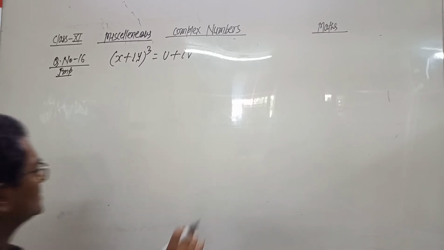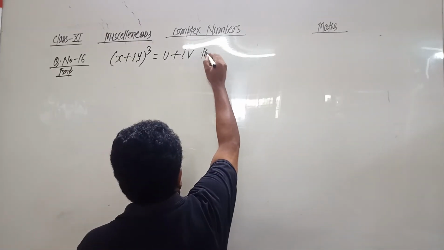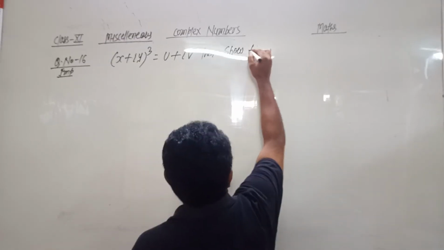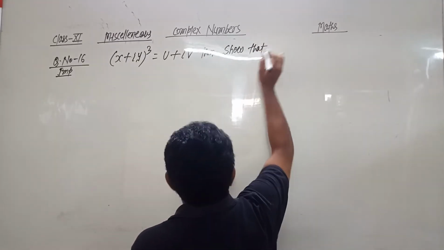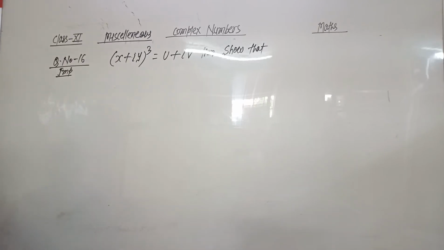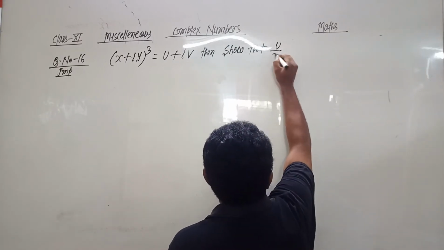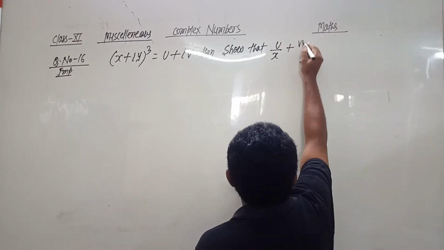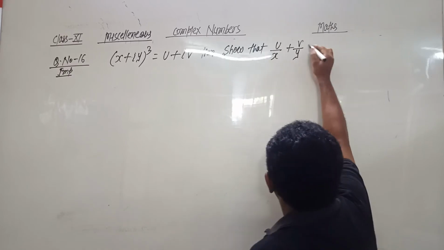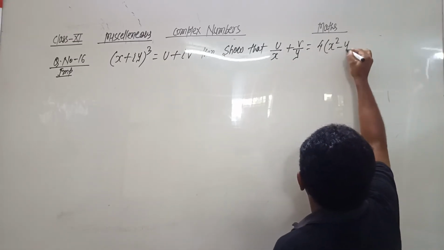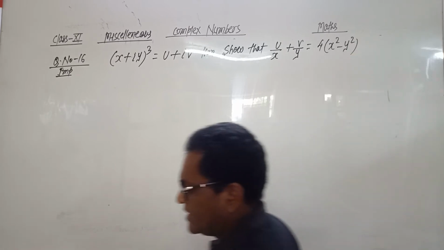Then show that u by x plus v by y is equals to 4 times of x squared minus y squared.